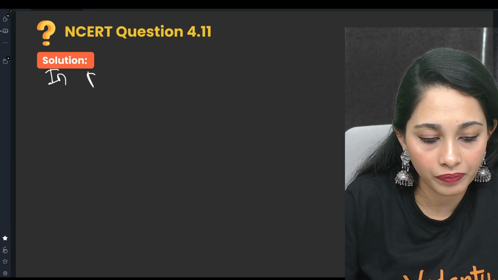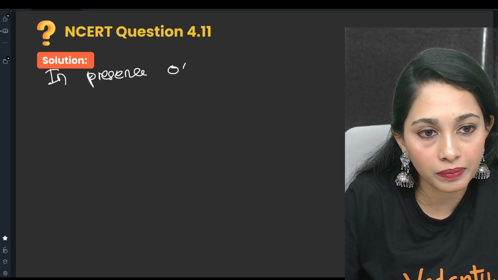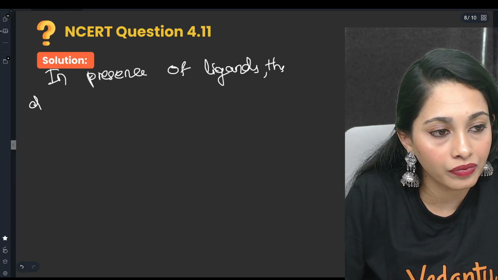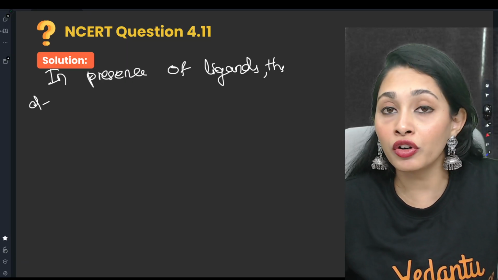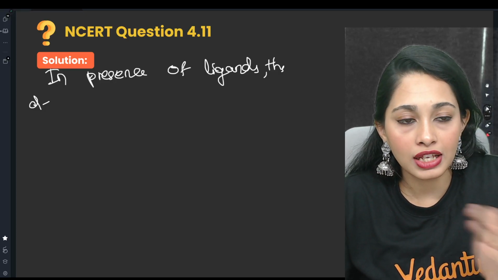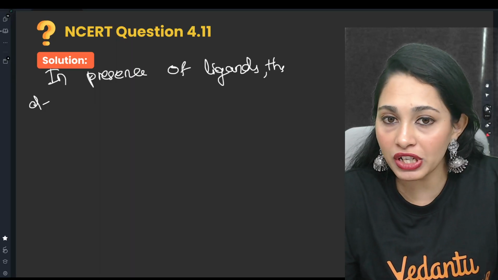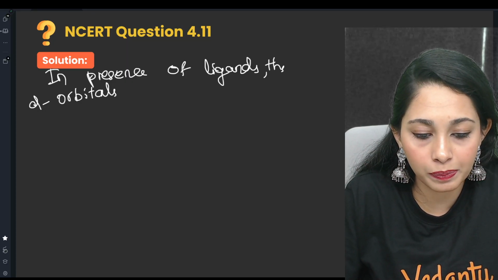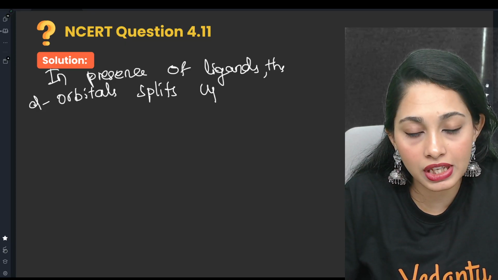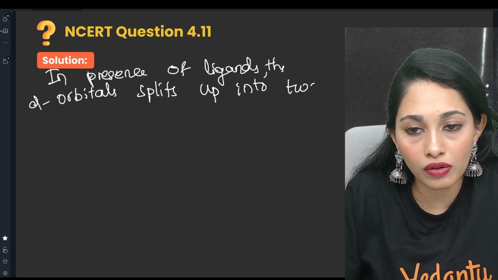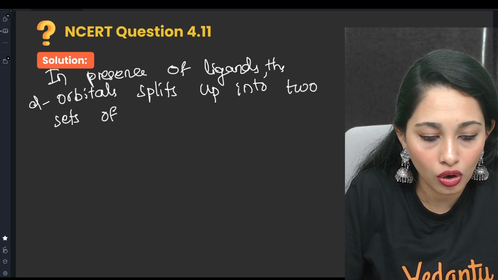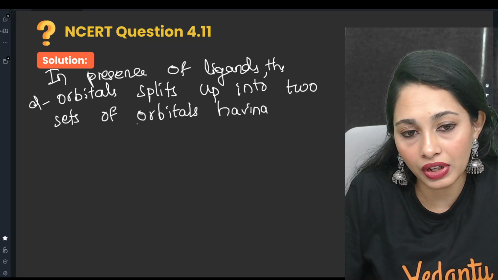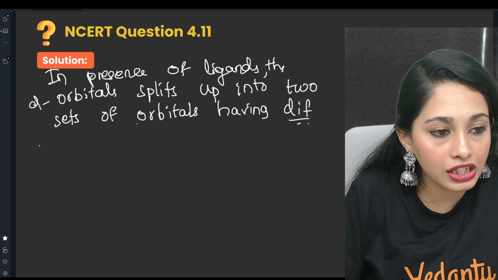In presence of ligands, the d orbitals split up into two sets of orbitals having different energies, t2g and eg.